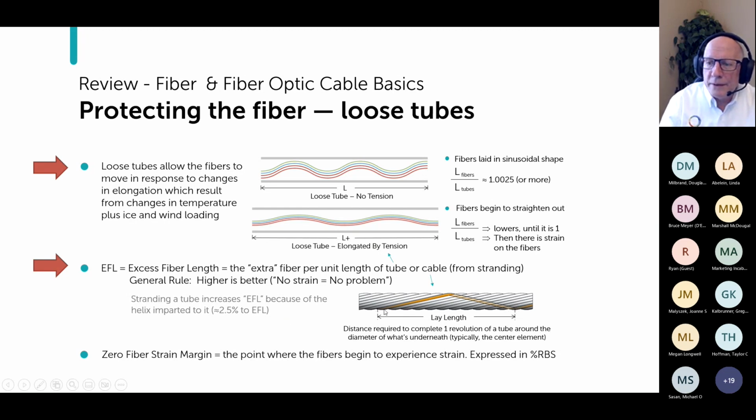And it turns out that this puts a helix in the tube, and that increases the EFL by about 2.5%. In contrast, what you can get from the sinusoidal shape in the tube itself is only about 0.2%. So you get a factor of 10 difference here.